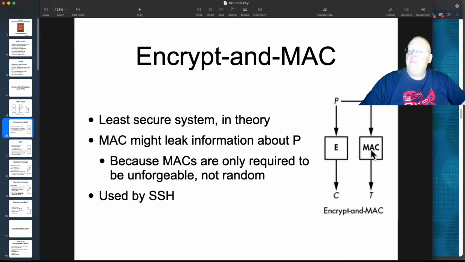And for a MAC, the hash functions you need do not have to have the property of being random and containing no patterns. Sometimes you could use a hash function here that in fact leaked information about the plain text, and it would still count as a message authentication code because it's only required to be unforgeable. And if you were to use a weak hash function to make the MAC, then this system would be insecure.